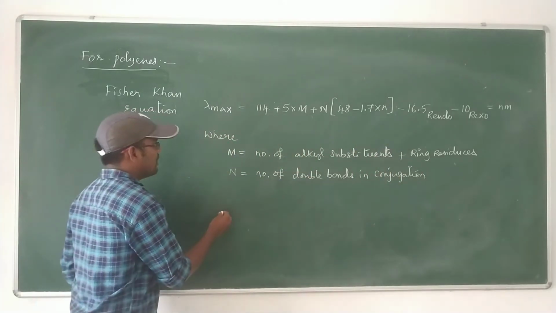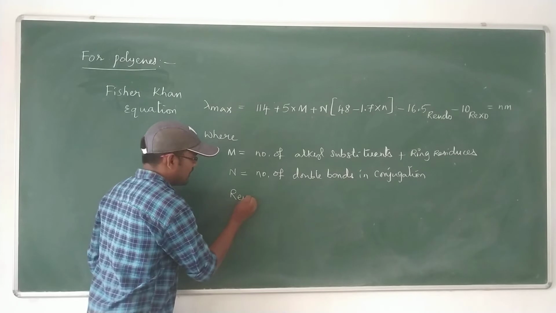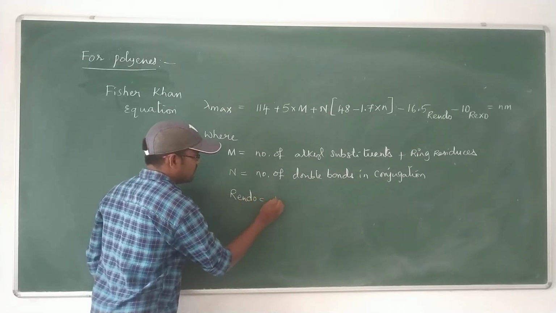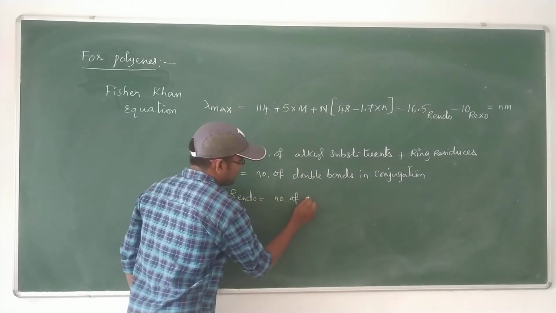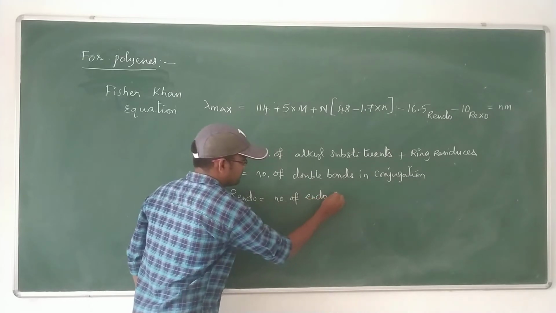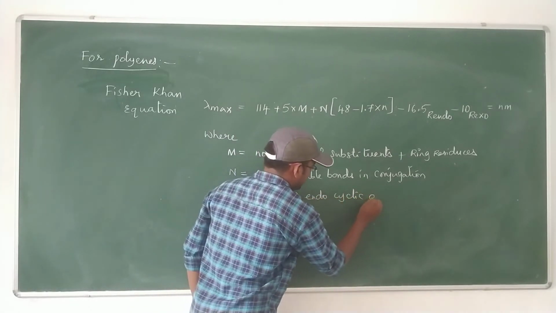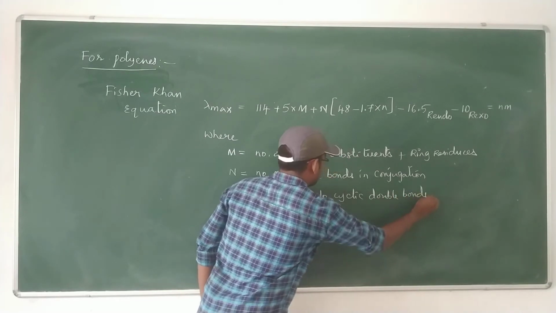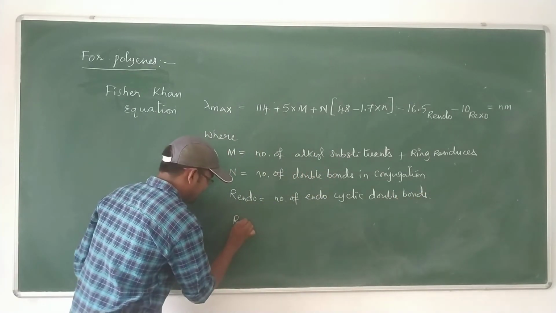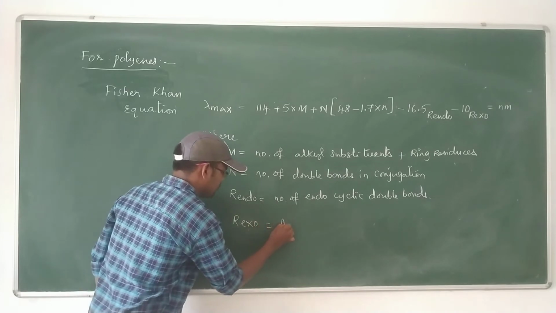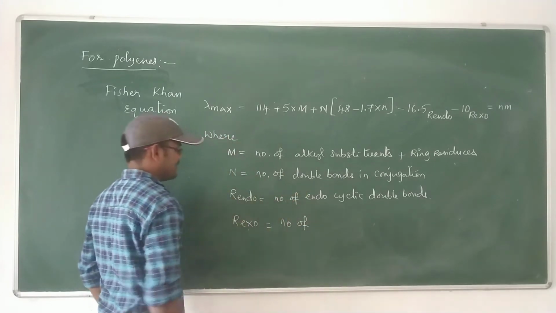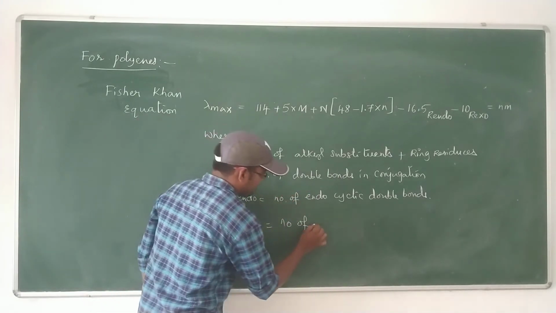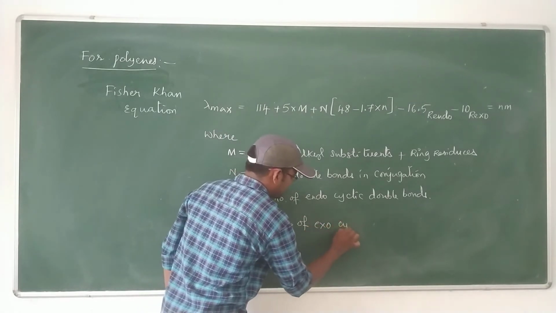Next, R endo is equal to the number of endocyclic double bonds. And the last one, R exo. We already know what an exocyclic double bond is. So R exo is equal to the number of exocyclic double bonds.